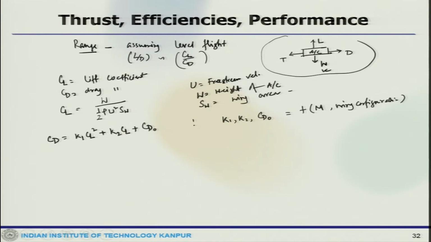When you talk about wing configuration, this includes the flap position. Now, CD naught is the zero lift drag coefficient.